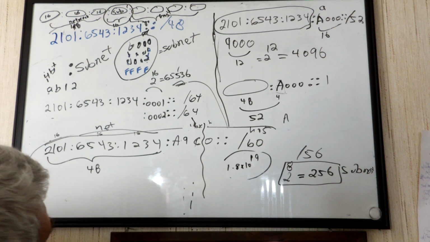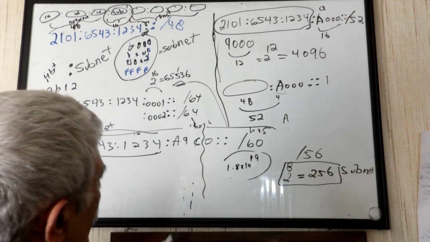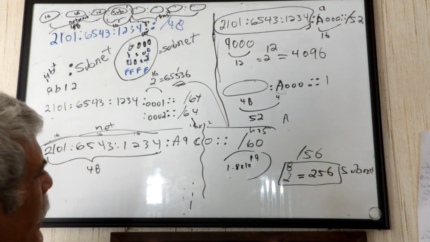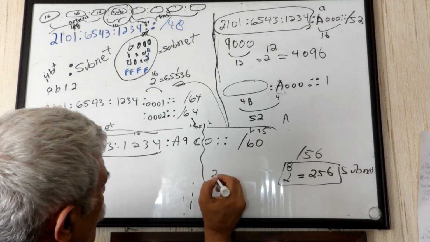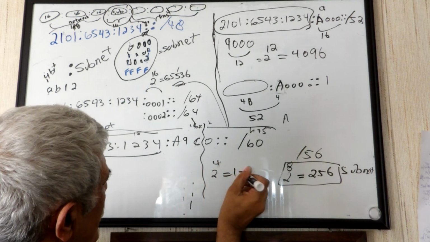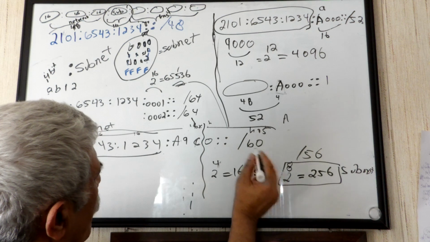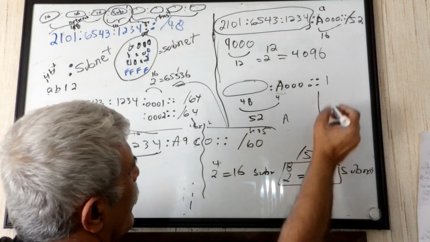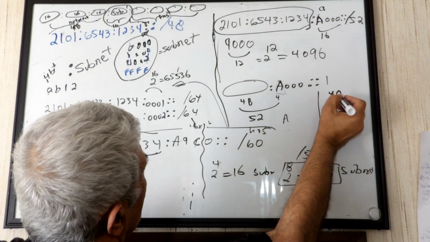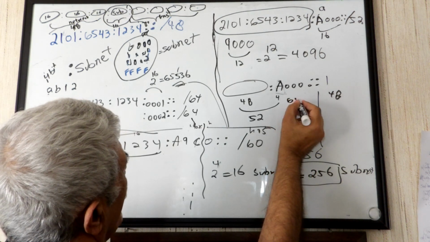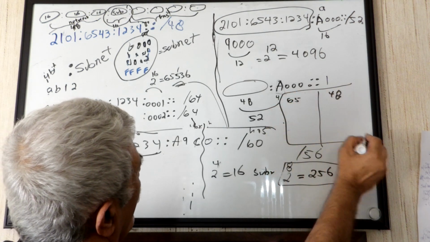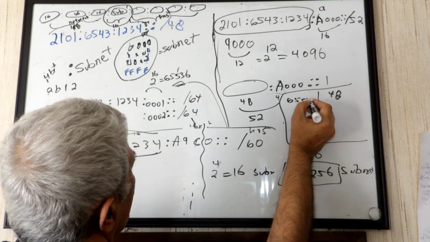So actually it's going to be the number of subnets you can get from this. I sometimes make a mistake. 2 to the power of 4 is going to be 16 subnets. So for 48 it's going to be 65,536.